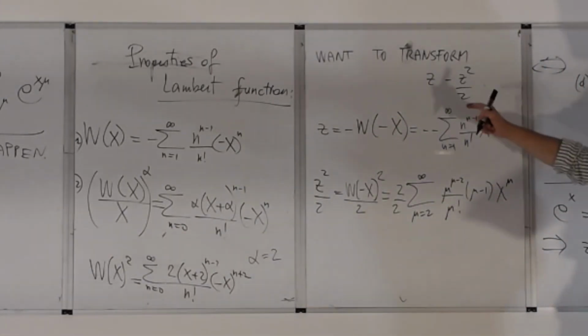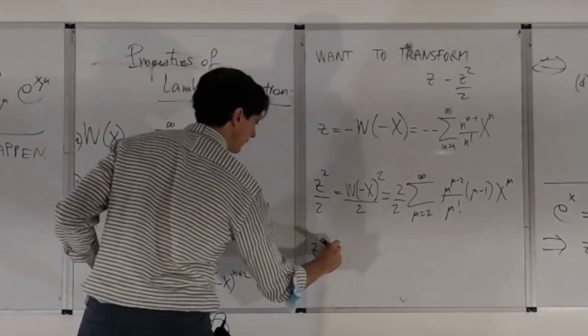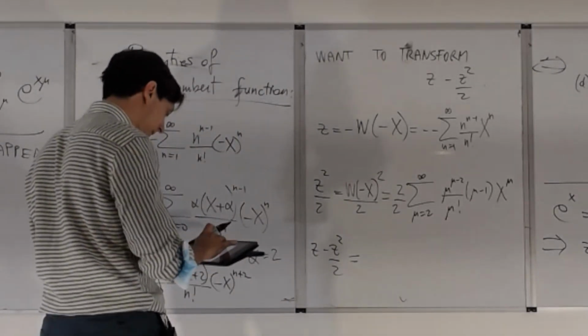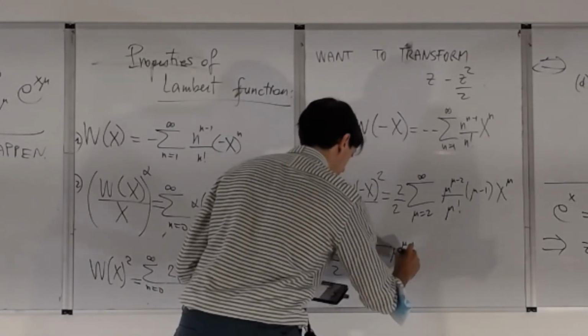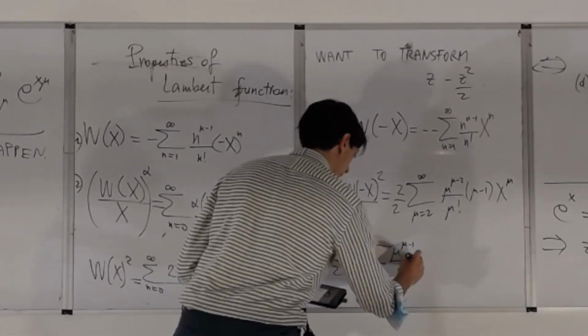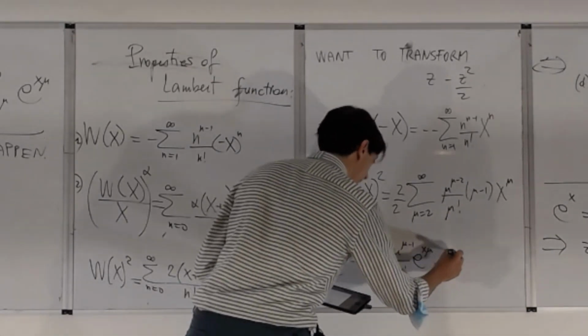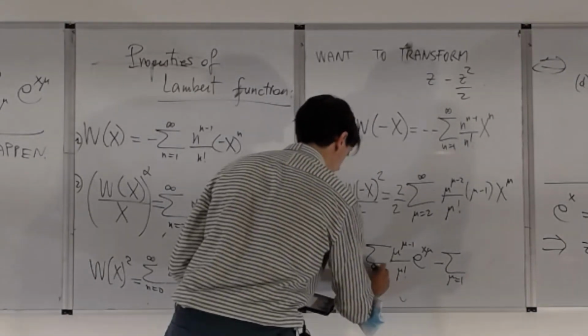Okay, now we have to subtract one from the other. So if you take z minus z squared over 2, you have the following. You have the sum of mu to the power mu minus 1 divided by mu factorial, exponent of x to the mu, minus the same thing, where mu starts from 1, and this starts from also 1.